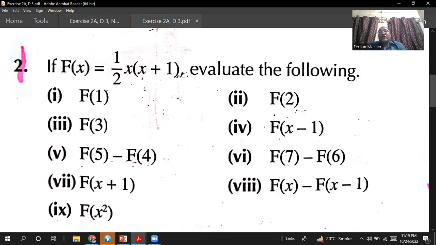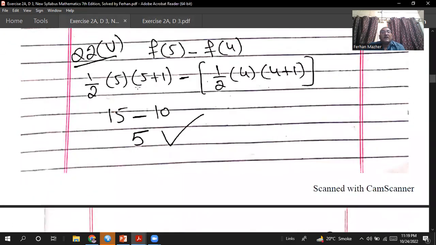Then they want us to find out f of 5 minus f of 4. f of 5 minus f of 4 will be 1 by 2 into 5 into 5 plus 1 minus square bracket 1 by 2 into 4 into 4 plus 1 square bracket close. So you will have 15 minus 10 and that will be 5.